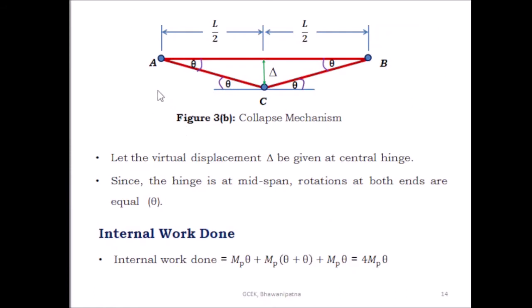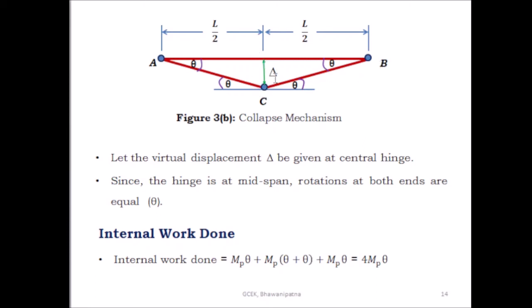So here 3 plastic hinges are formed. The first plastic hinge is at the support A, the second at the support B, and the third at the point C. As the loading is uniformly distributed, let the virtual displacement delta be given at the central hinge. This is the central hinge, the positive plastic hinge, and these are the negative plastic hinges.